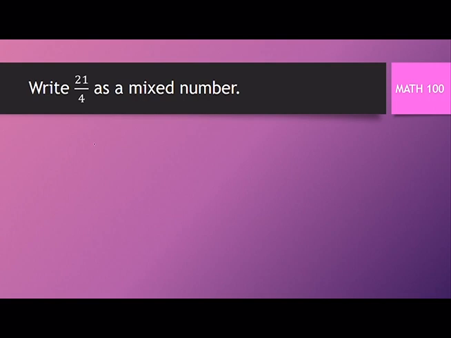If we write this with a division symbol, whatever is inside that symbol is what we call the dividend. The dividend is your 21, and the number outside is the divisor, which is the denominator. So divisor, denominator; dividend, numerator.